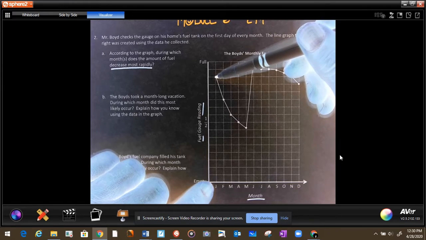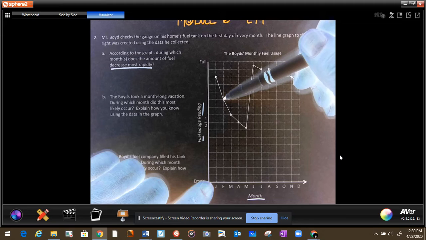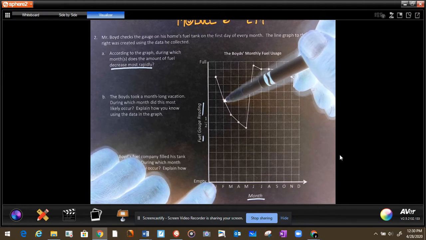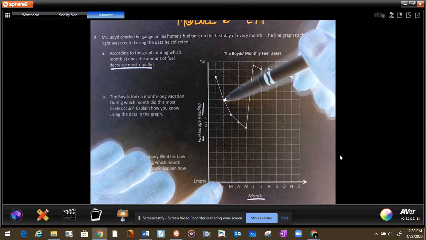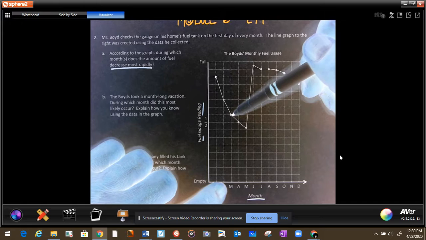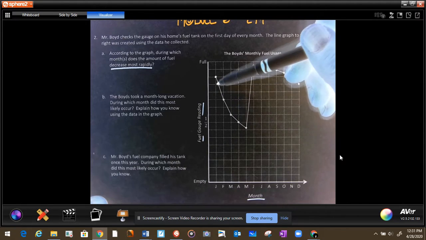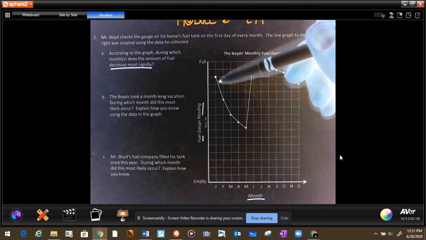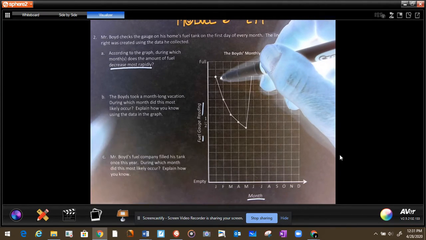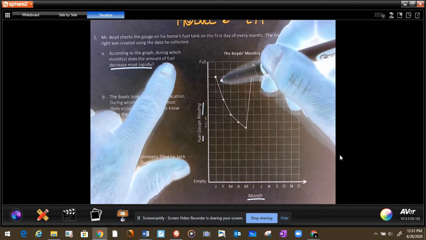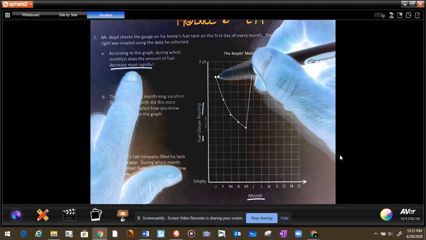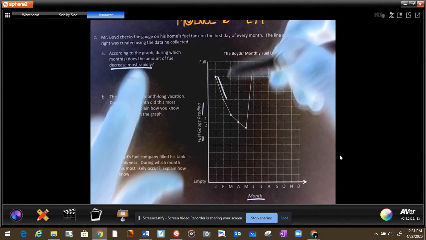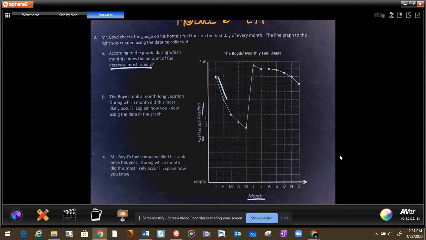It went down how many squares? 1, 2, 3. That's 3 squares from January to February. From February to March is going to be 1, 2. And from March to April is going to be only 1. So the month when the amount of fuel decreased most rapidly is January. So that's going to be our answer.